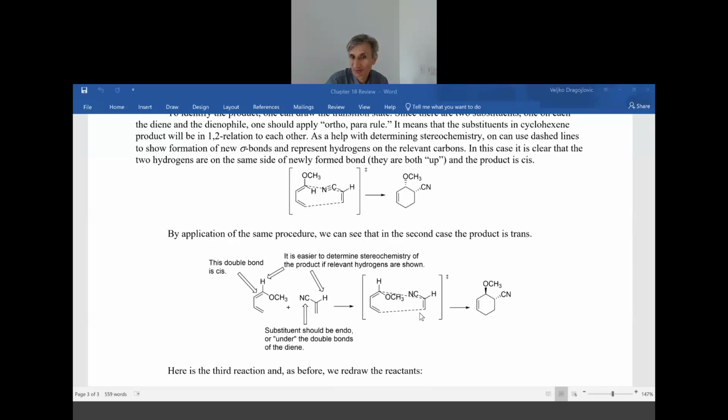Show the newly formed bonds. And now you can tell that this methoxy group is up, hydrogen down, relative to this new bond that is being formed. This hydrogen is up, nitrile down. So methoxy up, nitrile down. We can show hydrogens, but they clutter the drawing and don't add any information. So we usually only show substituents. And so that's correct. Regiochemistry, it's 1,2 or ortho, and stereochemistry is trans.